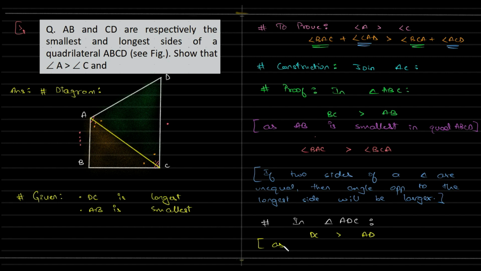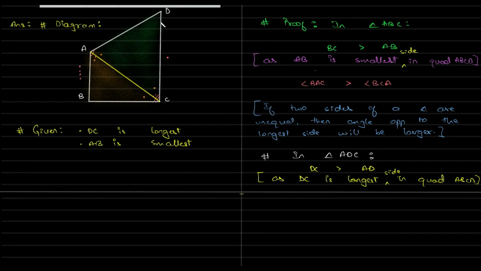Reason: as DC is the longest side in quadrilateral ABCD. So since DC is longest, angle CAD is greater than angle ACD, as AD is smaller.